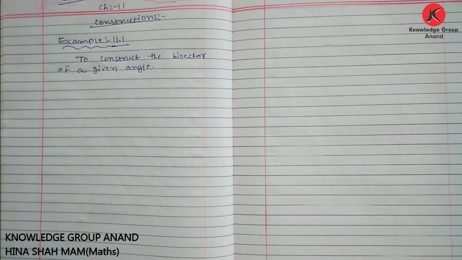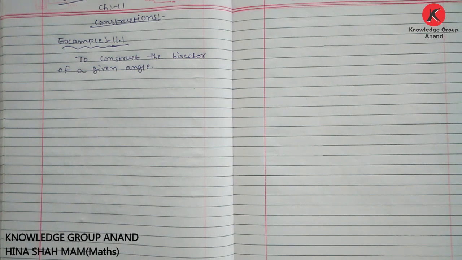You must have a geometry box which contains the scale, a pair of set squares, a pair of dividers, a pair of compasses and a protractor. Normally, all these instruments are needed in drawing a geometrical figure, such as a triangle, a circle, a quadrilateral, a polygon, etc. with given measurements.